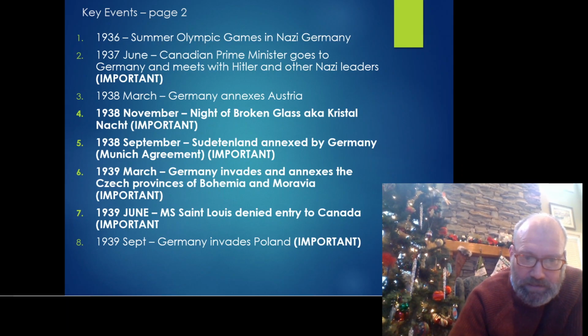They made this decision to deny entry to refugees, even in light that the Night of the Broken Glass had already happened, even in light of the Nuremberg Laws having already happened. It's important to know specifically that the Nuremberg Laws and the Night of the Broken Glass had happened already, and the Canadian Prime Minister had already had a friendly meeting with Hitler and other Nazi leaders. So when this event happens, it's in the context of all those previous events in the timeline.